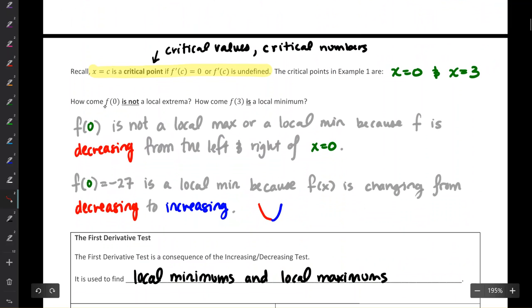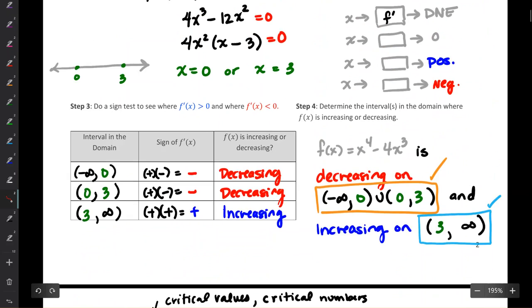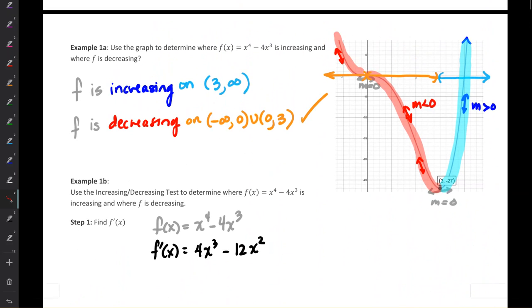Now, how come f of 0 is not a local max or a local min? If we look at it graphically, you can see that my function is changing from decreasing to constant for a really brief second to then decreasing again. This shape does not look like a little hill or a valley.